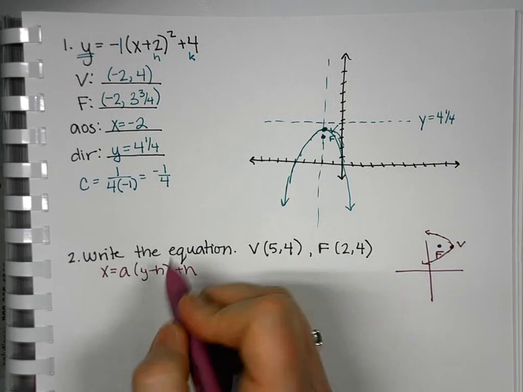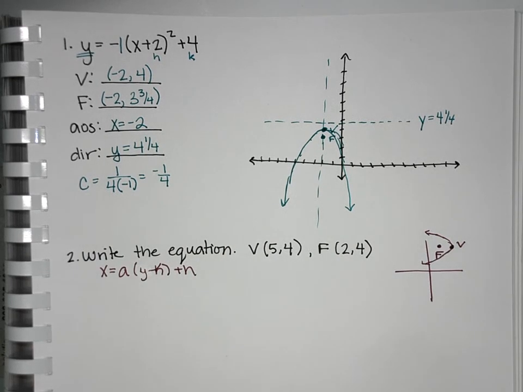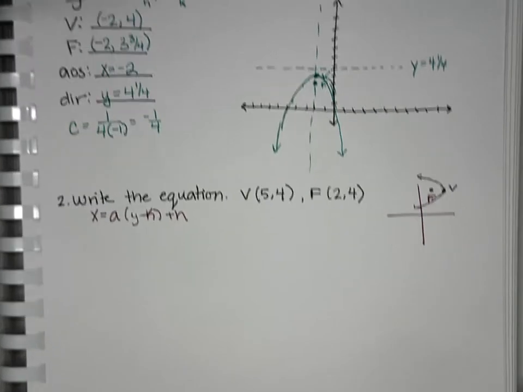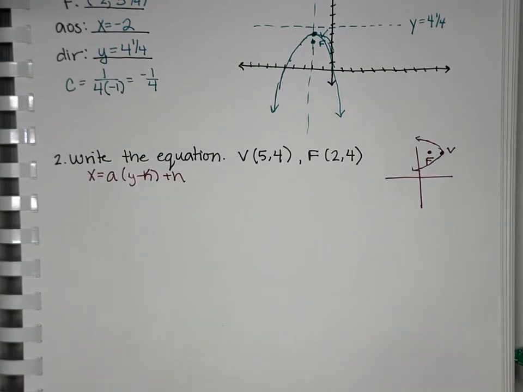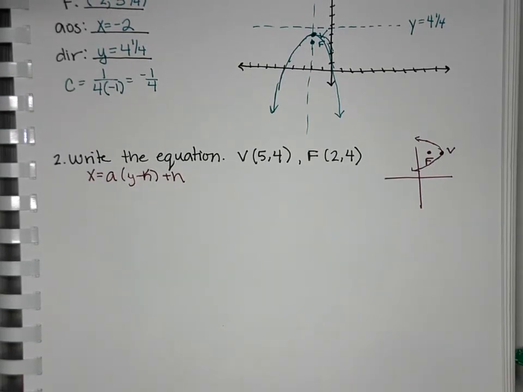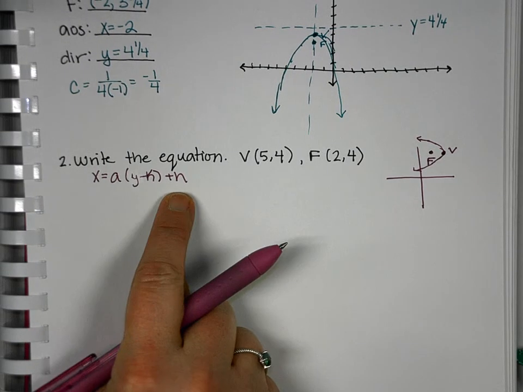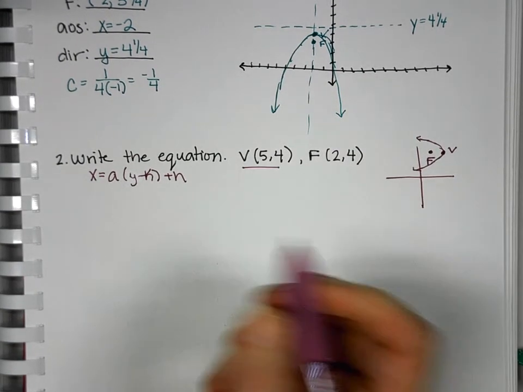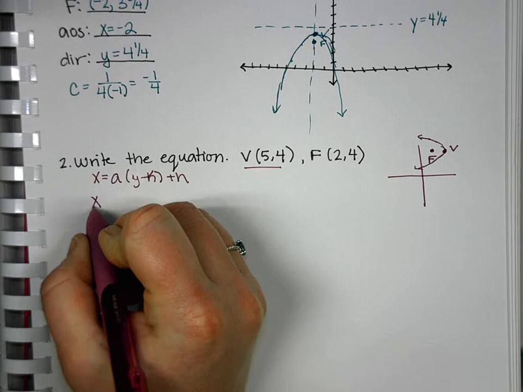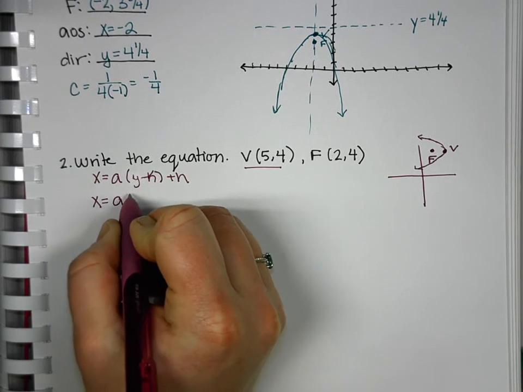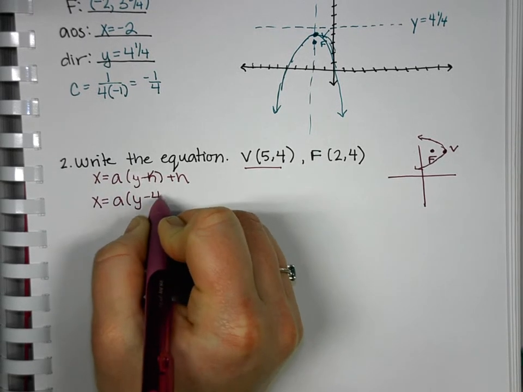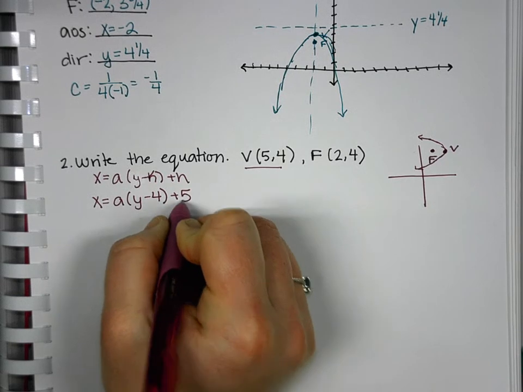This is my general form, is I know I have to have a horizontal parabola. So right away, I know my h and k. It gives it to me right here. So I can already go x equals a times (y minus 4) squared plus 5. Okay, so I'm almost there.